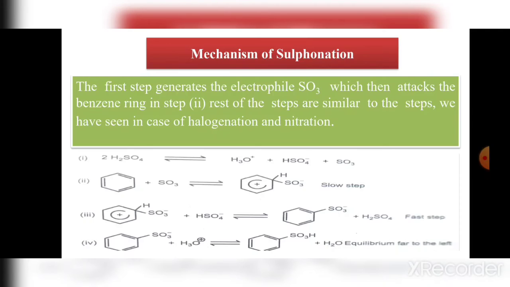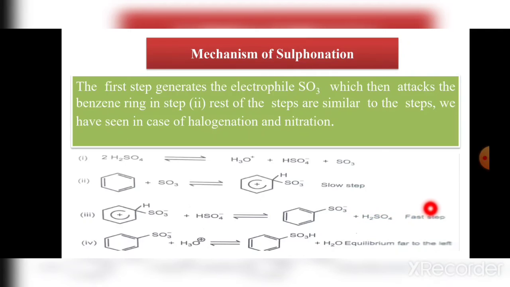Now, the second step: the benzene ring attacks the electrophile, here SO3, and this is the slow step. Here we get the carbocation. The slow step is the rate determining step, that is RDS. Then, with HSO4 minus, also called aromatization, we get a benzene ring again, plus H2SO4.